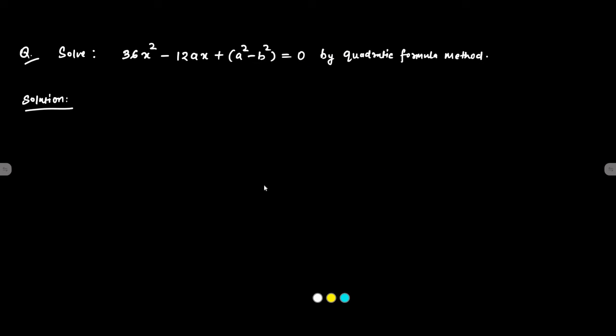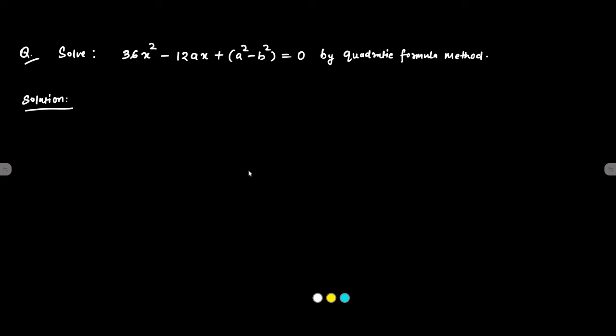So here is another question on solving quadratic equations through the quadratic formula method. Here the equation is given: 36x square minus 12ax plus a square minus b square is equal to 0. And we have to solve it using the quadratic formula method.